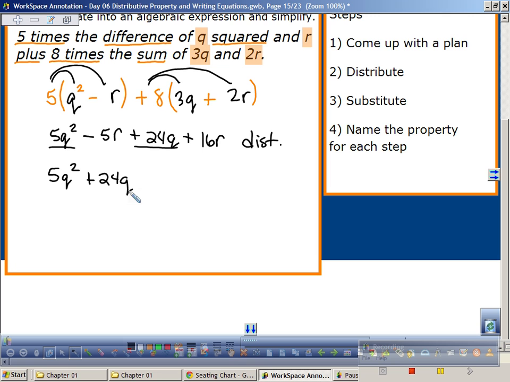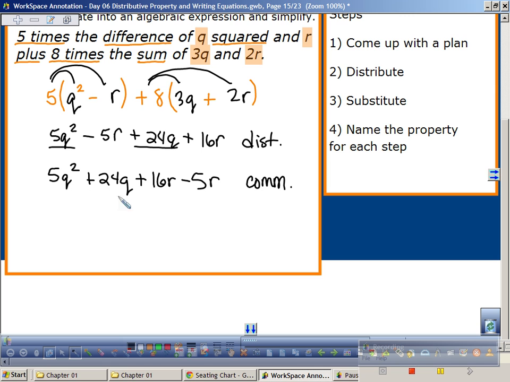Which one do you want to put first? I don't want to put the negative first. You know what? It's going to complicate when we try and distribute. I'm going to put the positive one first and the negative one second. Exactly. So I just use what property? Commutative.